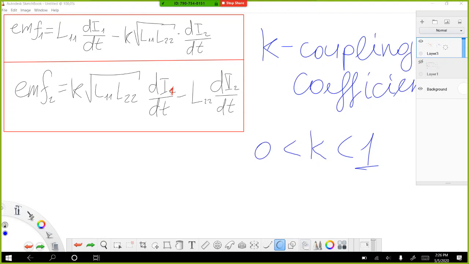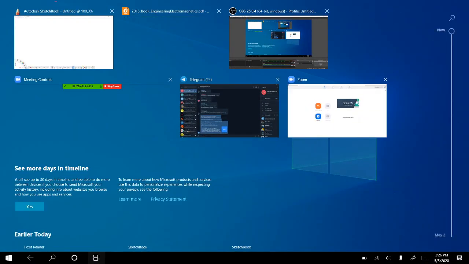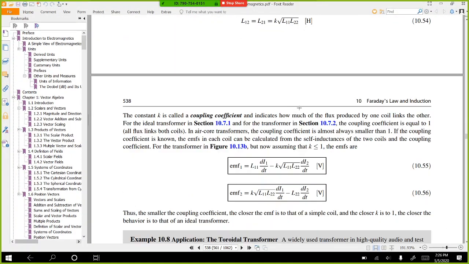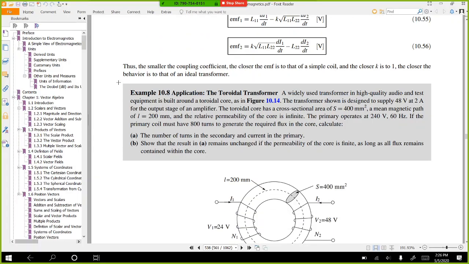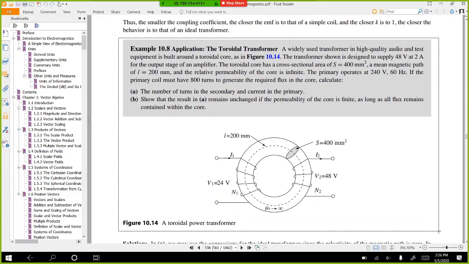So let's see some examples of application of transformers. First example is the toroidal transformer. This is page 538, application of toroidal transformers.